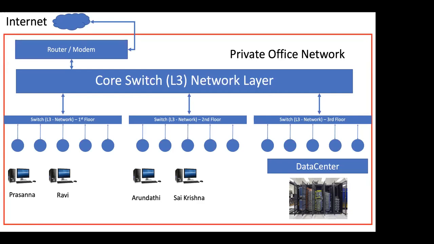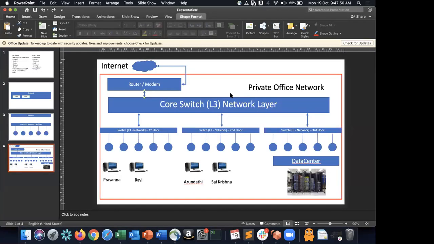It should fit into my entire office network architecture. That is where virtual private cloud plays a major role. So now let us extend this diagram. Now this is only a private office network. Let us make it a little more interesting.